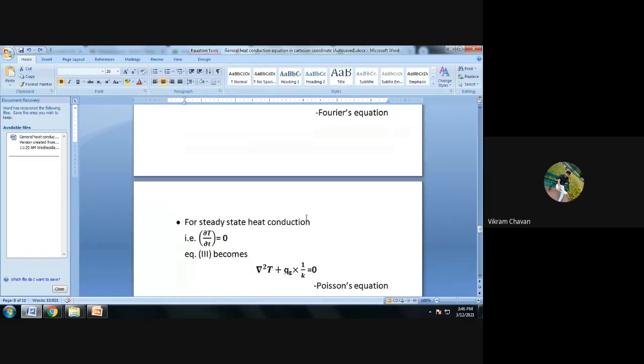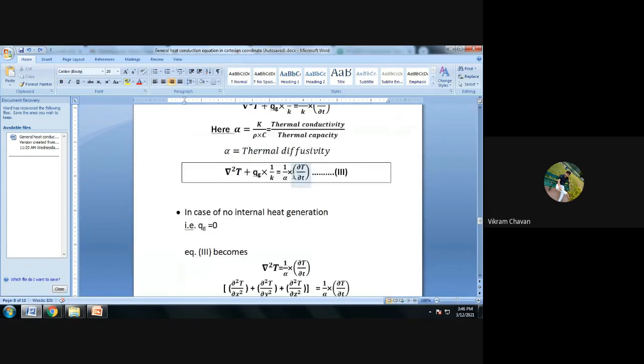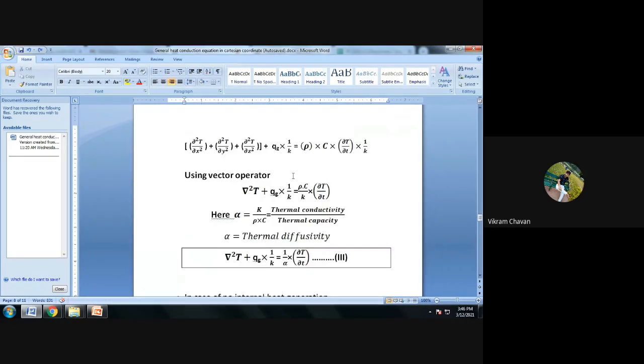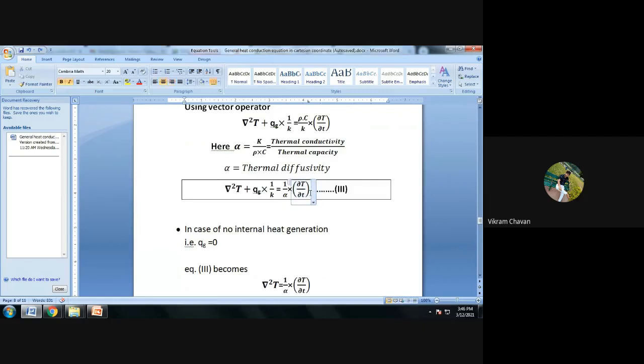In our equation number 3, the last term is 1 upon alpha multiplied by ∂T divided by ∂t. This term ∂T divided by ∂t is nothing but the temperature change with respect to time.